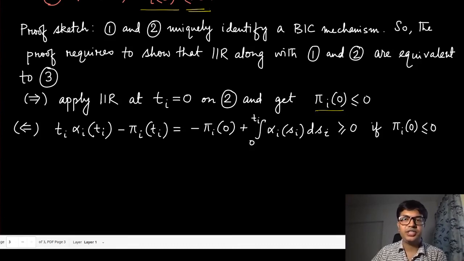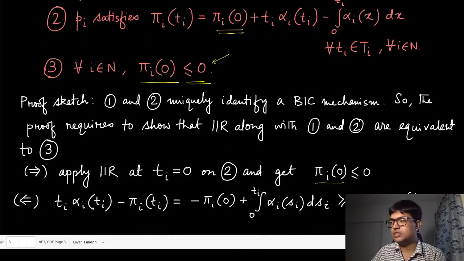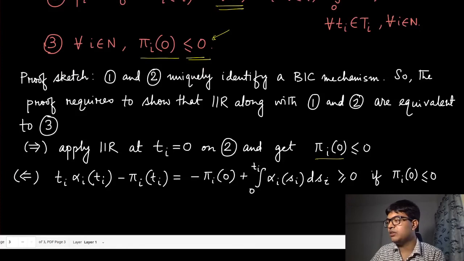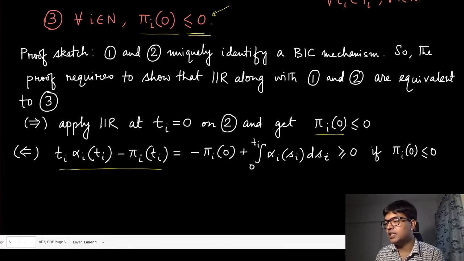Now the other direction: if we assume condition 3, that is, if we assume this is true, and also 1 and 2, and this inequality is true, then we should have the condition of IIR. How can we do that? We can just write the utility of player i, and if we now substitute the value of pi i according to that integral formula, what is left?